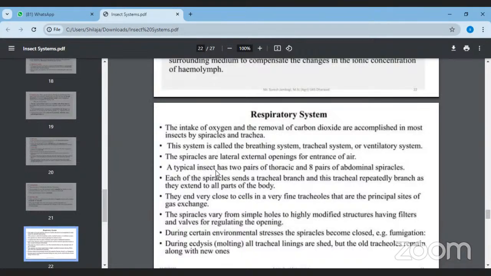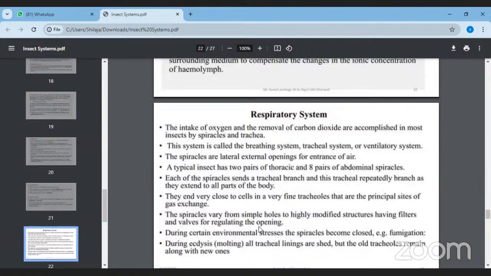The principal sites of gas exchange are the tracheoles. The spiracles vary from simple holes to highly modified structures having filters and valves for regulating the opening.